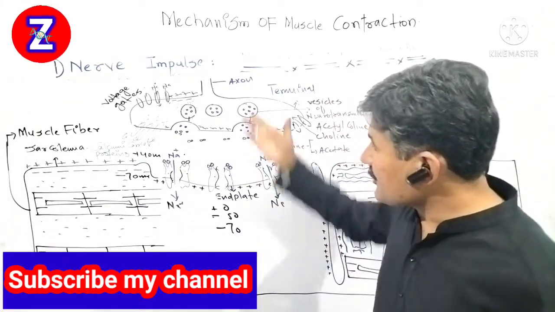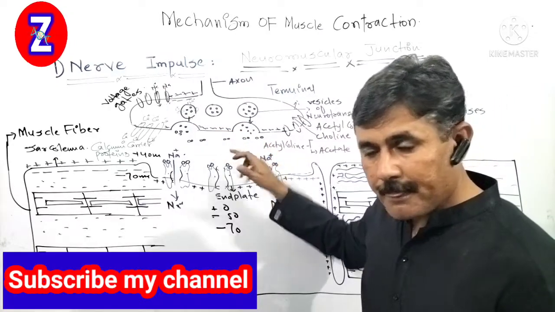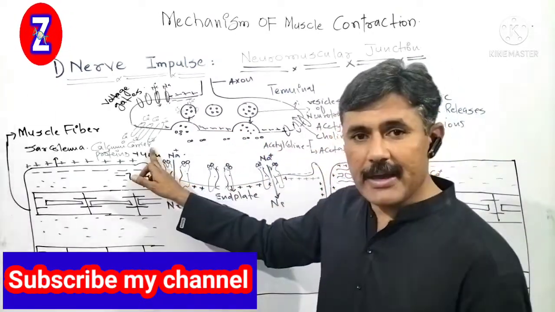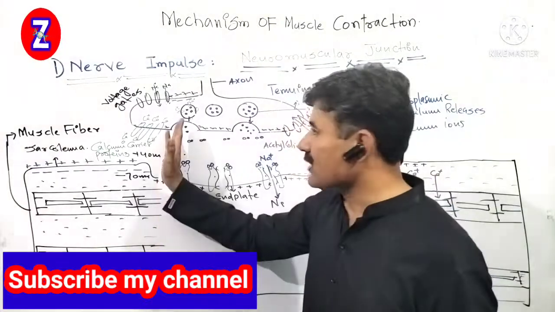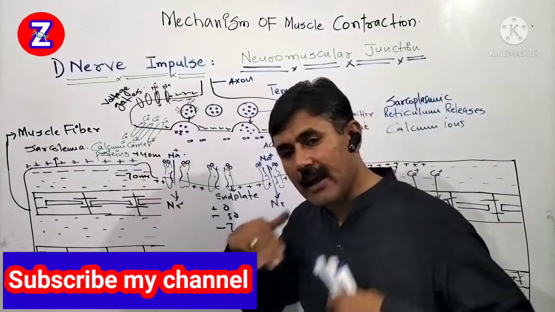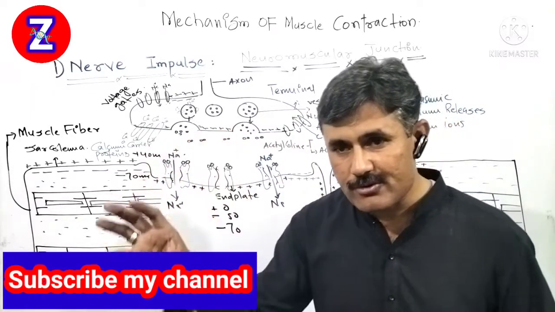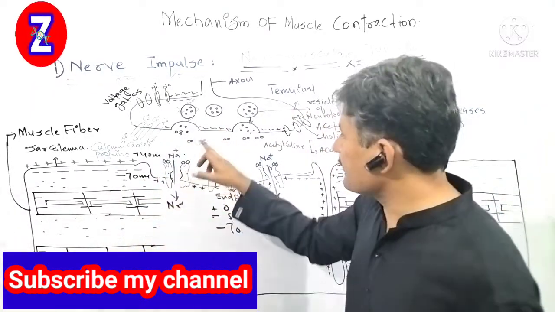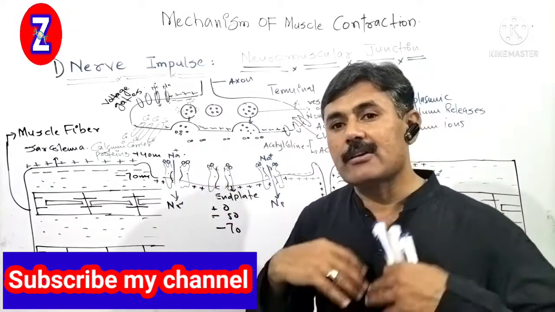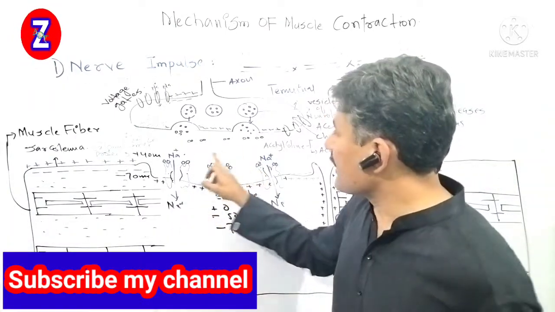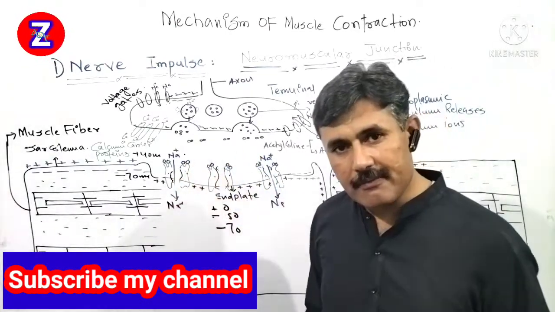So what actually happens? Depolarization reaches its place. It gives permeability to calcium carriers, and they carry calcium inside the terminals. And when calcium moves inside, it makes the vesicles of neurotransmitter move and fuse with the neurolemma. As they fuse with the neurolemma, they release acetylcholine inside the cleft.